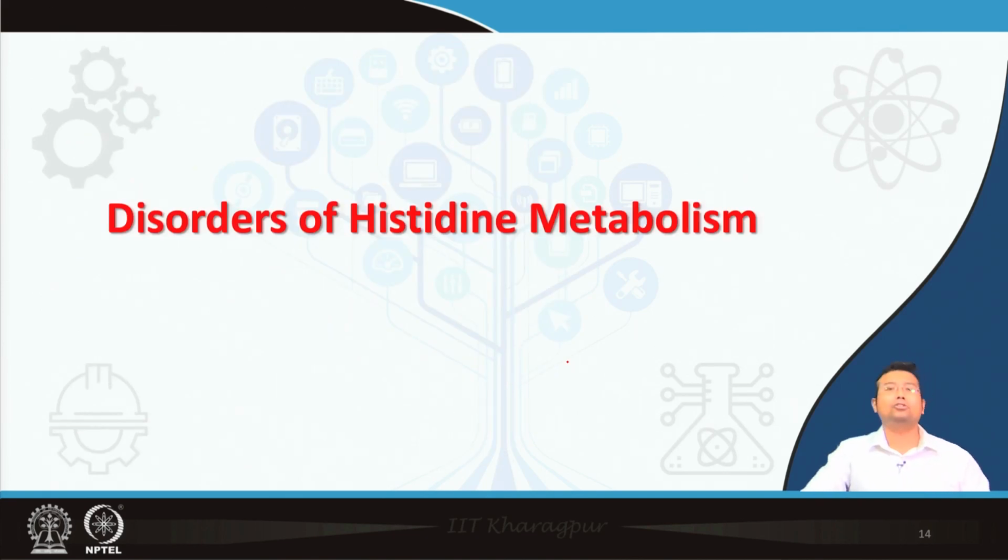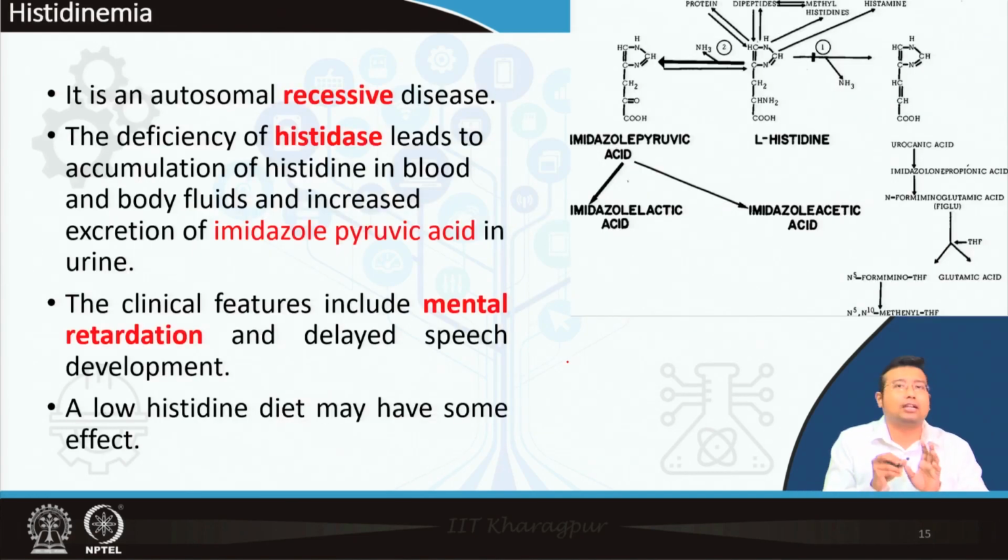Okay. So what are the disorders of histidine metabolism? The first disorder that we need to know is histidinemia, autosomal recessive inheritance, absence of histidase enzyme. Normally histidase helps in the breaking of histidine to urocanic acid.